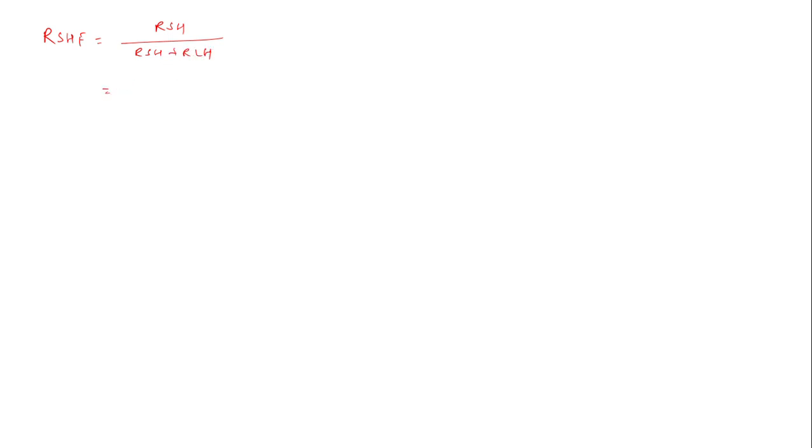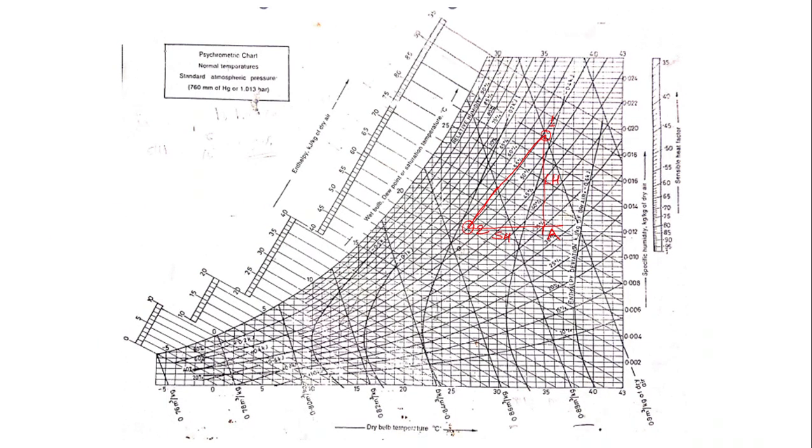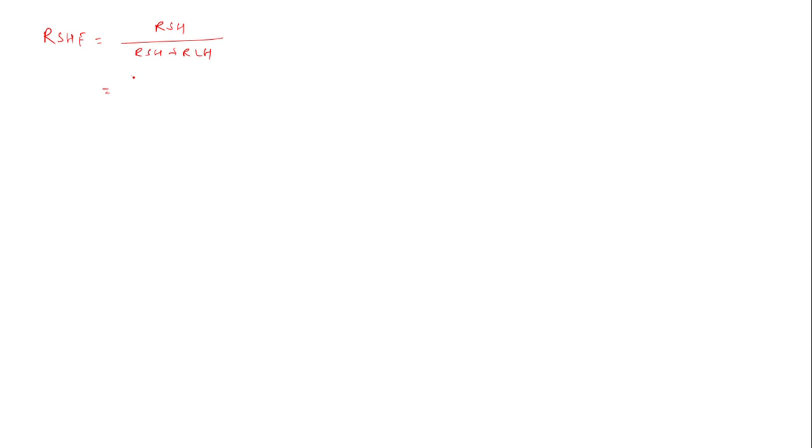For RSH, the value we got for room sensible heat is 15.31, and RLH is 4.414. So 15.31 divided by 15.31 plus 4.414. This is the room sensible heat factor you will get. We'll do the calculation.